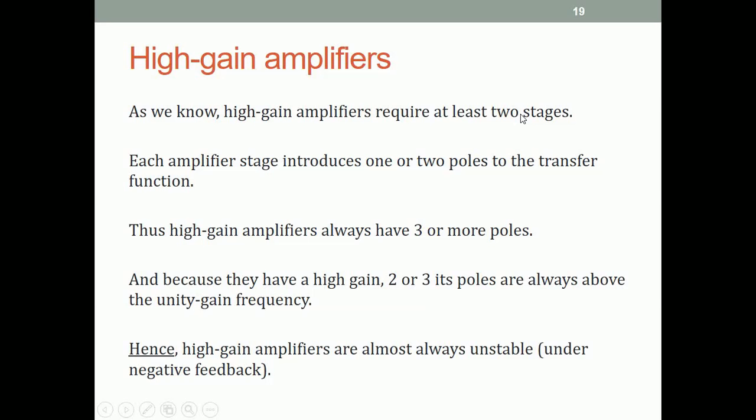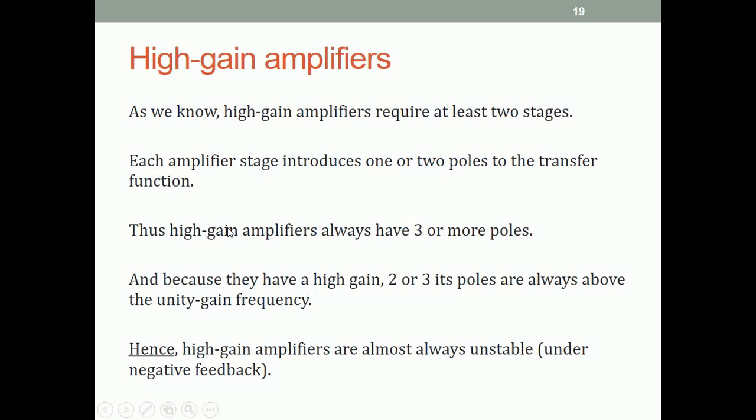So you need at least 2 stages of amplification. Now each stage introduces 1 or 2 poles in the transfer function, and therefore high gain amplifiers always have at least 3 or more poles. We have seen this in our discussion of the various amplifier configurations. So they'll have at least 3, typically 4 poles in their transfer functions.